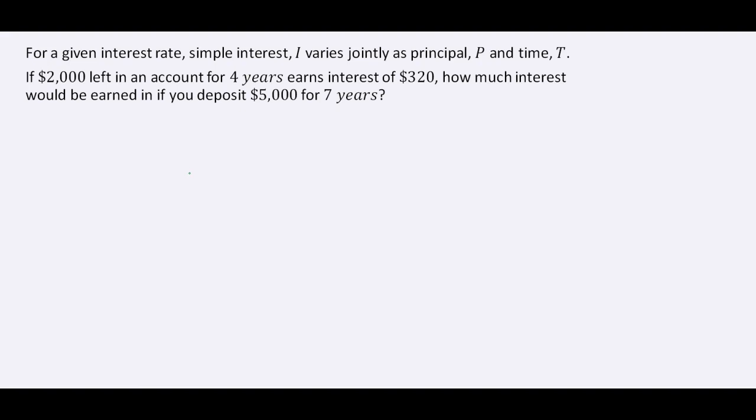For a given interest rate, simple interest I varies jointly as principal and time. So that is K times principal P and time T. So if $2,000 is left in an account for 4 years, it earns an interest of $320.